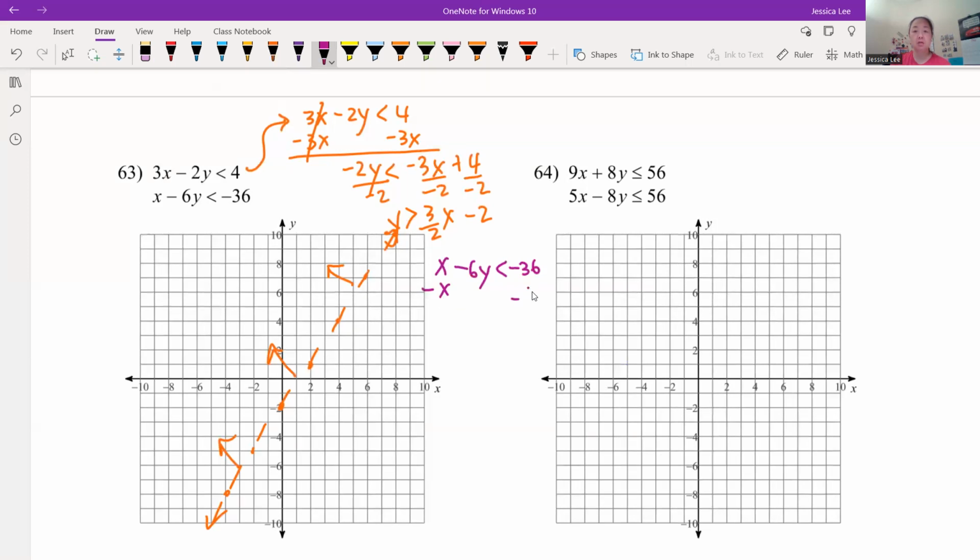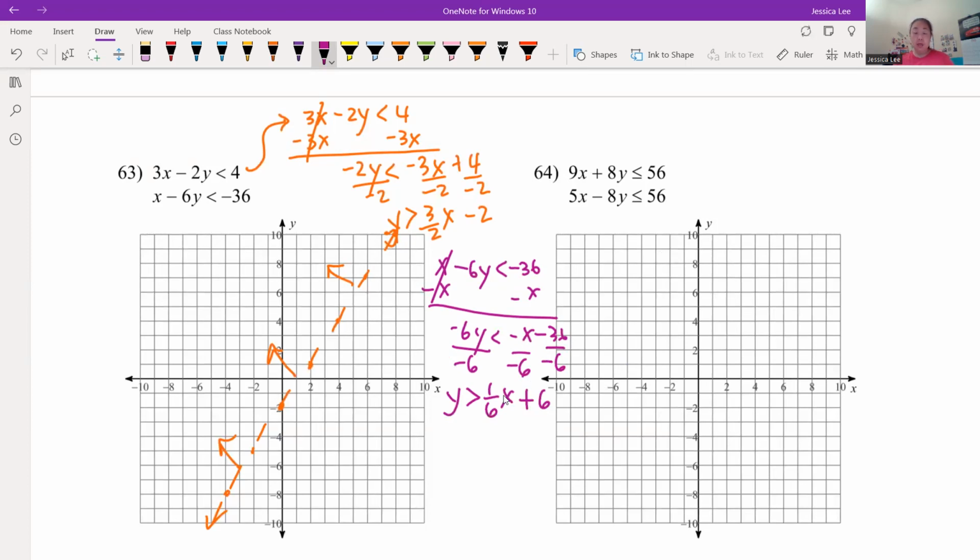Subtract x on both sides. Negative 6y is less than negative x minus 36. Divide by negative 6 on both sides. We get y is, since I'm dividing by a negative, got to flip it, 1 over 6x plus 6, because 36 divided by 6 is 6.